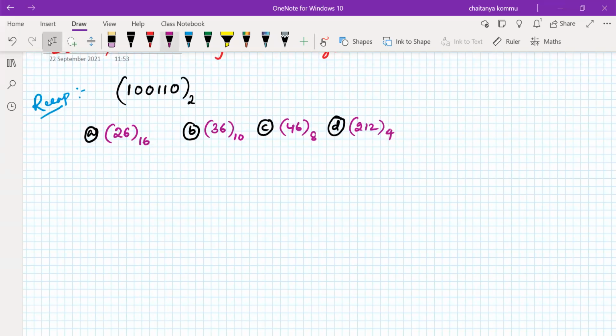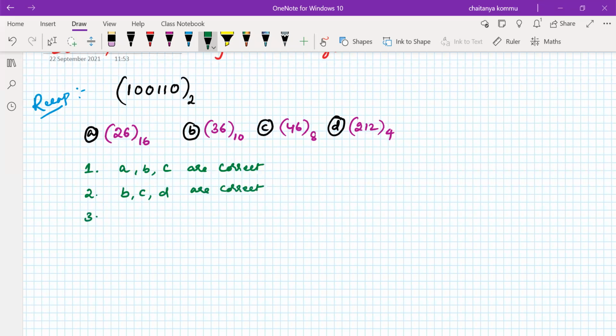The answers they have given in this way: the first option is A, B, C are correct. The second option is B, C, D are correct.